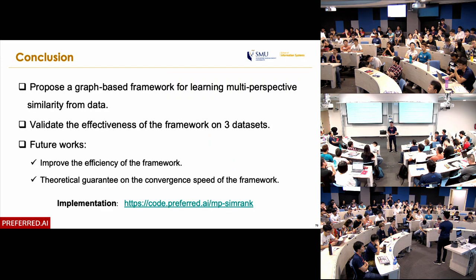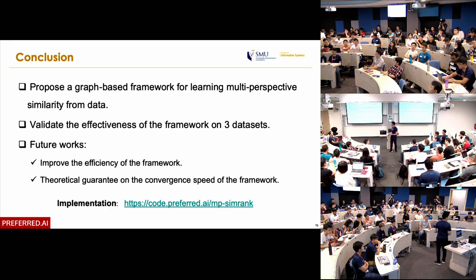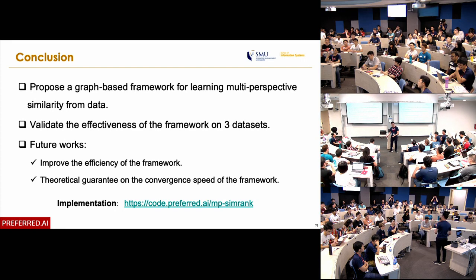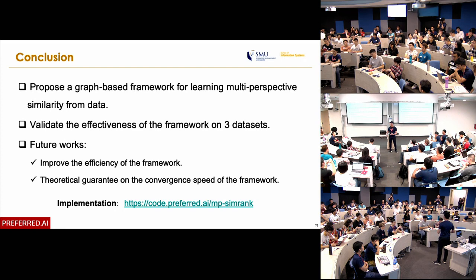So to conclude, in this study we propose a graph-based framework that can measure how two objects are similar according to various perspectives. And we validate the framework with three different datasets. A potential application, especially in the context of recommendation systems, is that users sometimes cluster items, let's say e-commerce items, into baskets when they shop online, or when they go to a website like YouTube or Spotify, they create playlists.